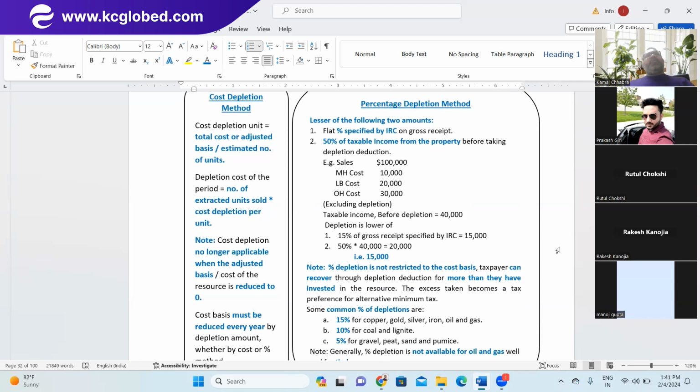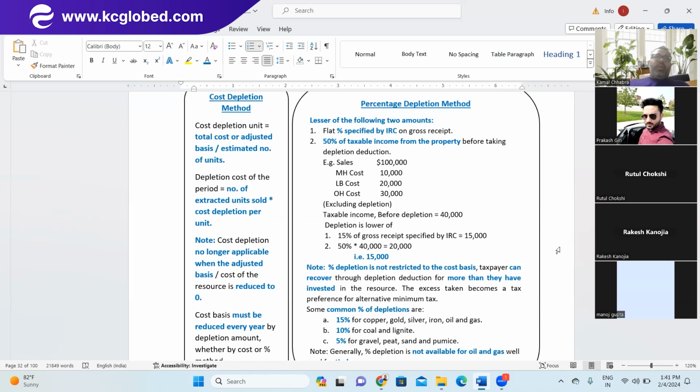Right? So in the first, which is the cost depletion method, you need to calculate the cost depletion per unit, right? For example, you have purchased a coal mine or a gold mine or a silver mine or an iron mine or maybe an oil well, right? What is very important is to understand the expected amount of natural resources in that particular place, right? Then second is to calculate the depletion cost per unit.